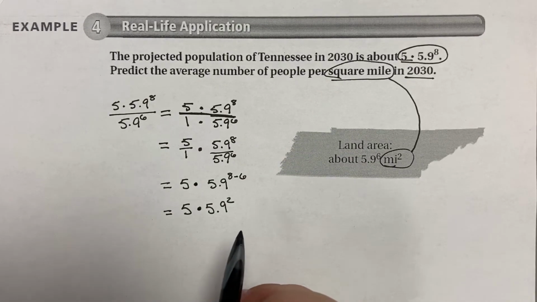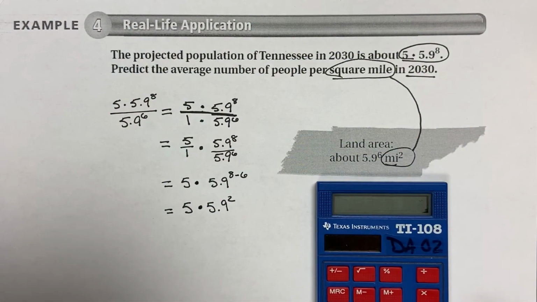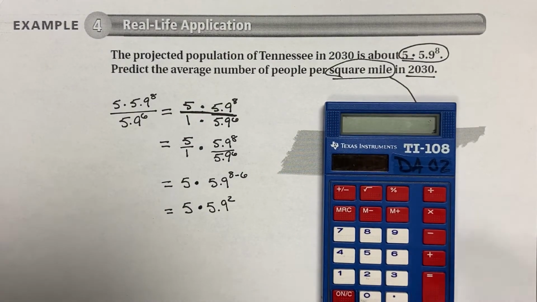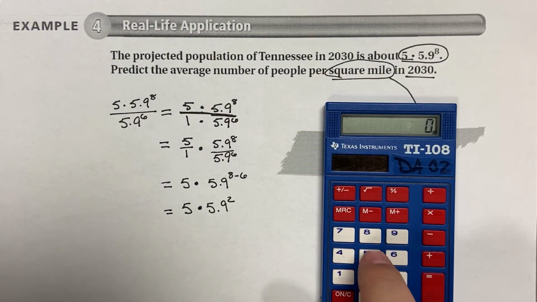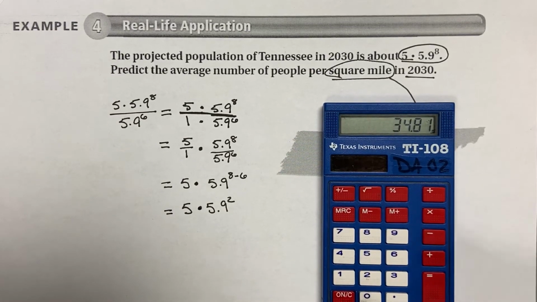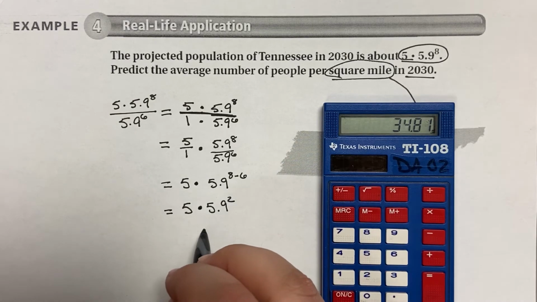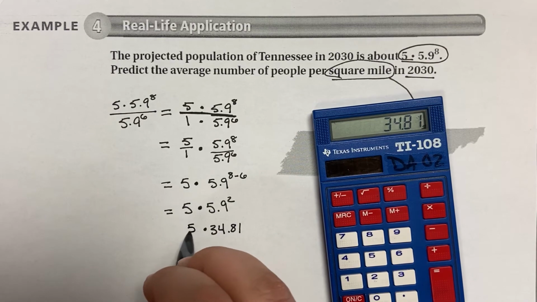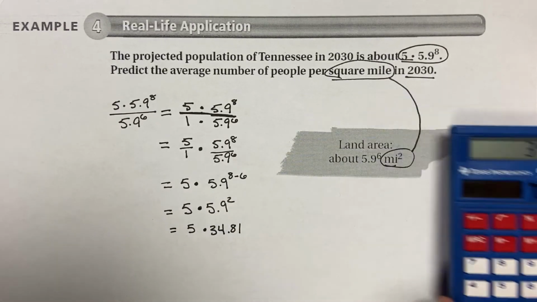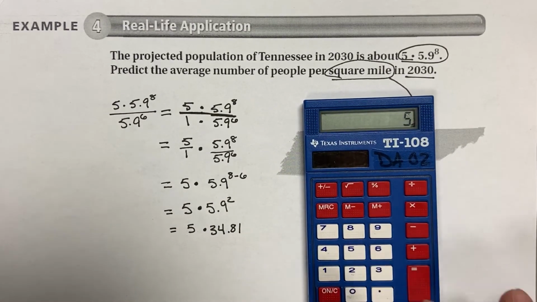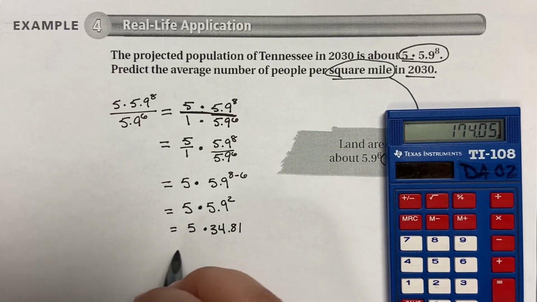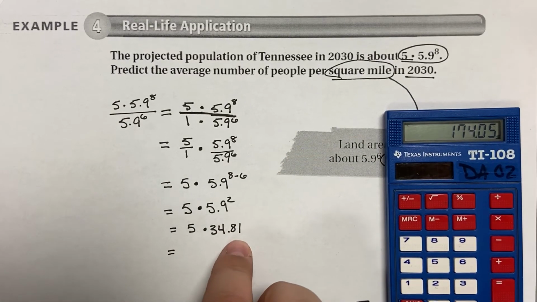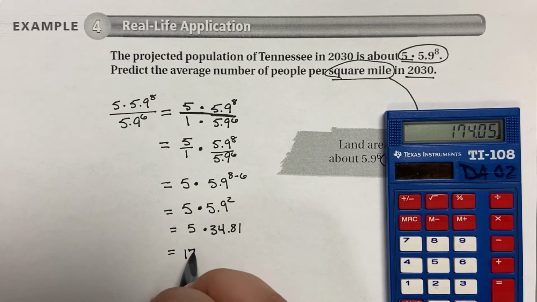Now here, if we take 5.9 squared, let me get out my calculator and show you. 5.9 times 5.9 is going to equal 34.81, and we're going to be multiplying 5 by that. 5 times 34.81 is 174.05.